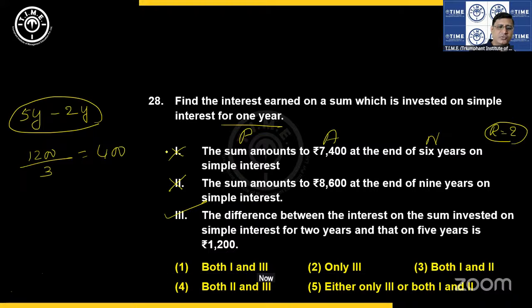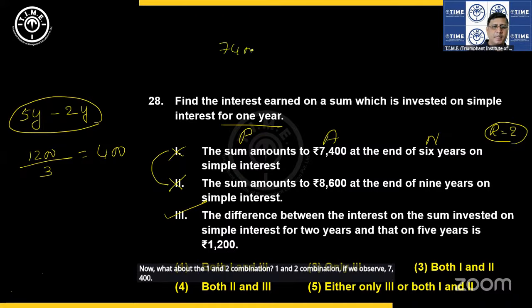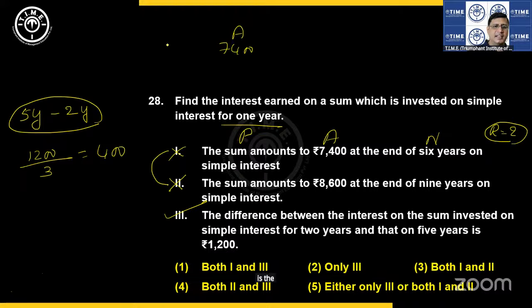Now what about the 1 and 2 combination? If we observe, 7,400 is the amount at the end of 6 years. At the end of 9 years, the amount is 8,600.